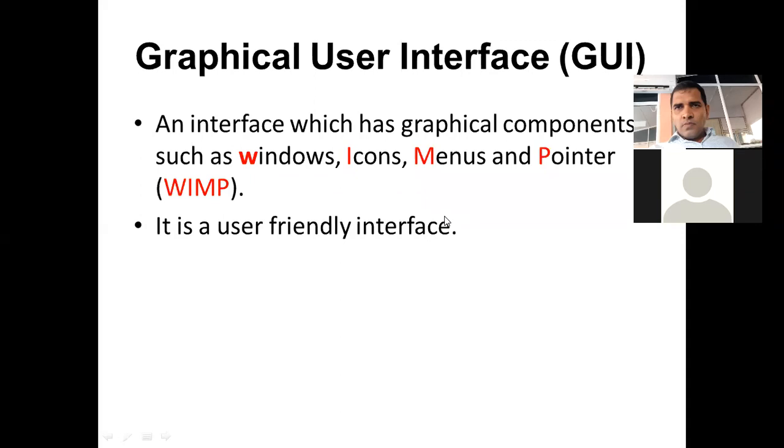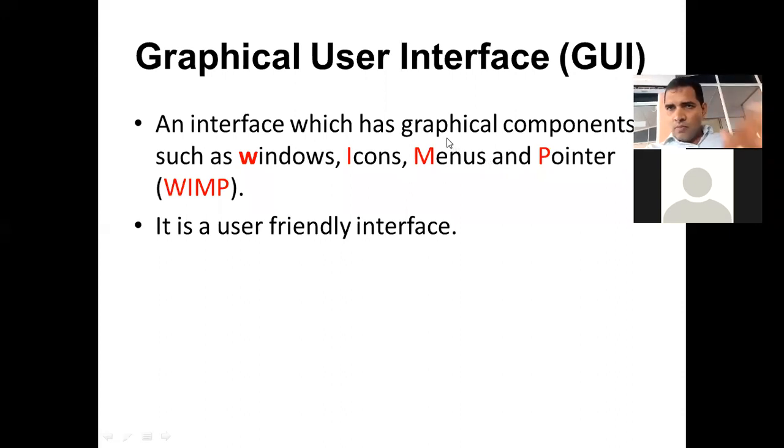The first one is called Windows, right? Windows, I will explain, wait. The second one is called icon, which was mentioned. Menus, right? There is another one, menus. There is another one, pointer. So when a graphical user interface has windows, icons, menus, pointers, it is too easy for a user to work.